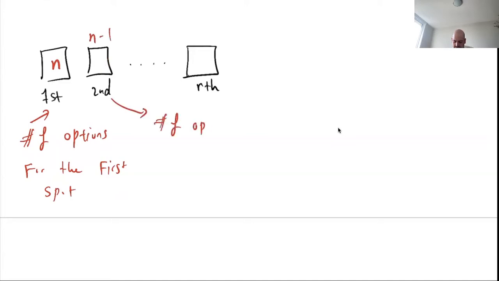One element was chosen for the first spot, so N minus 1 elements are left for the second spot. And so on. So we can see the pattern, right? First element N, second N minus 1, third N minus 2. Do you see the pattern? For the first we have N, for the second we have N minus 1, for the third we have N minus 2, for the fourth we have N minus 3, right?